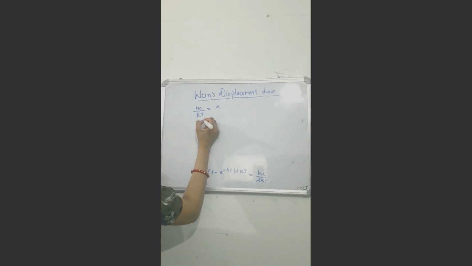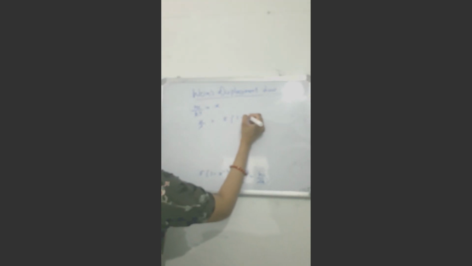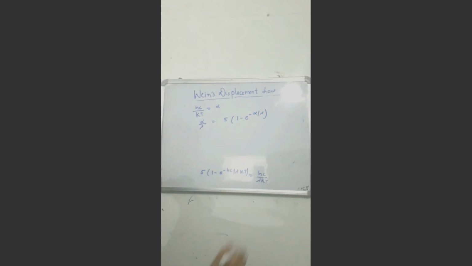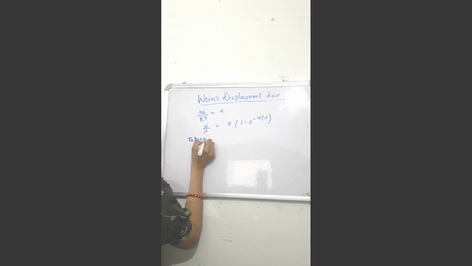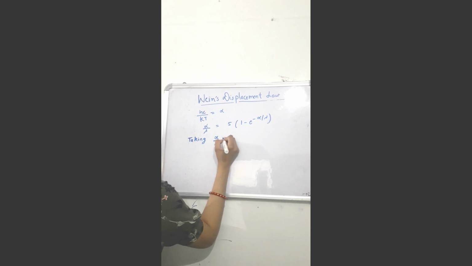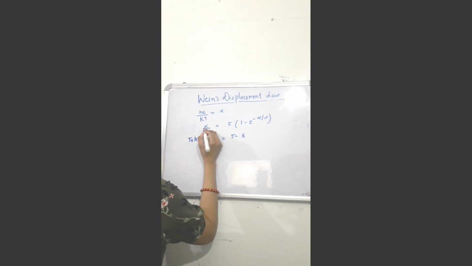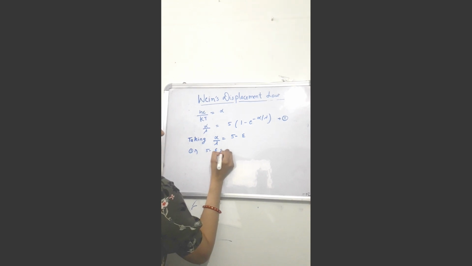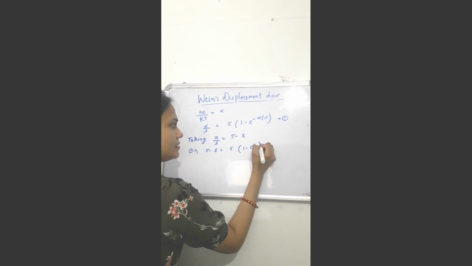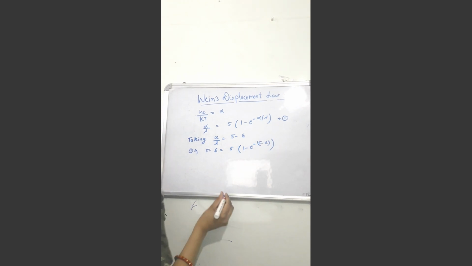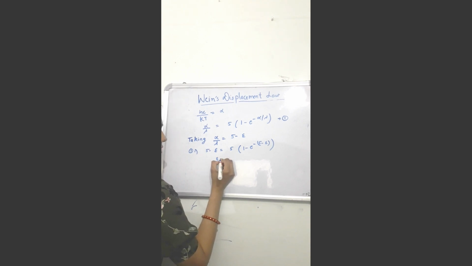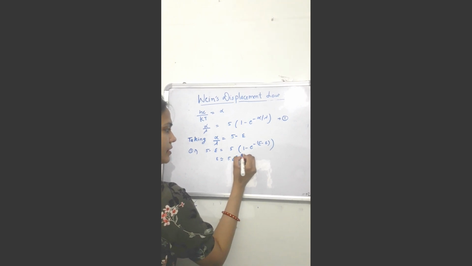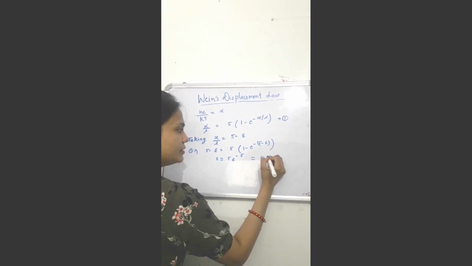So this equation becomes α/λ = 5(1 − e^(−α/λ)). Taking α/λ = 5 − ε and substituting in this equation, ε is nearly equal to 5e^(−5), which on scientific calculation gives 0.0337.